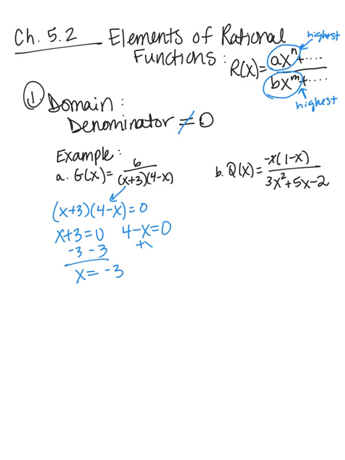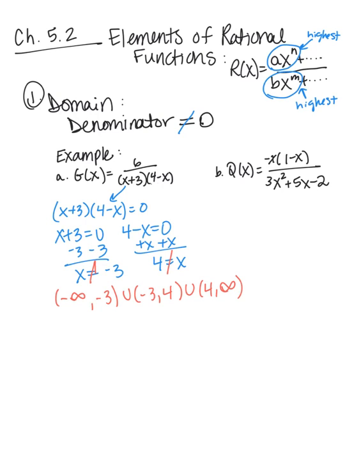Here I'm going to add my x to the other side. So now that we see what they're equal to, the domain actually says that I cannot be these values. So I'm going to exclude this by saying that I'm going to go from negative infinity to negative 3, union negative 3 to 4, union 4 to infinity, remembering that interval notation.